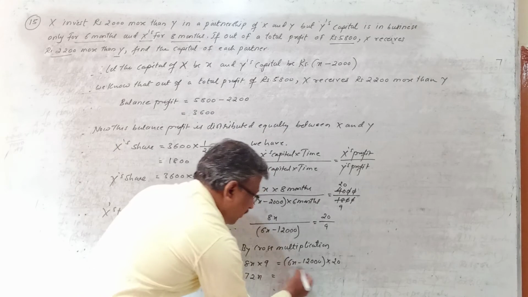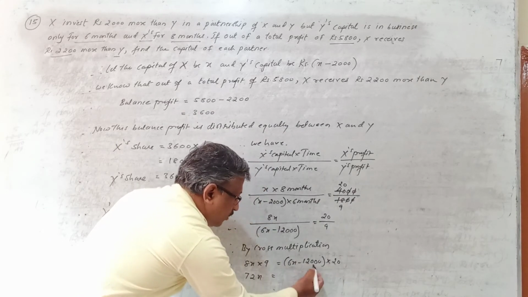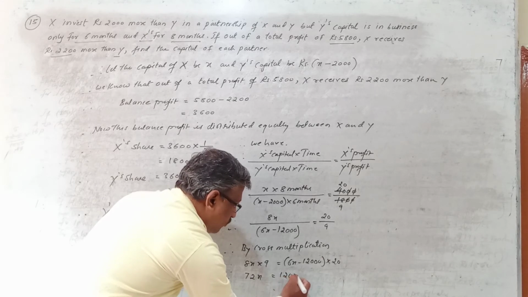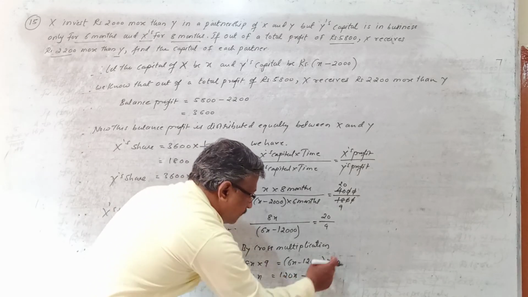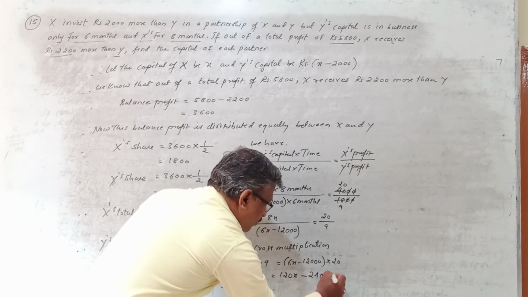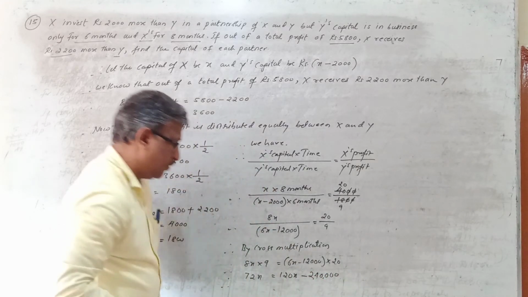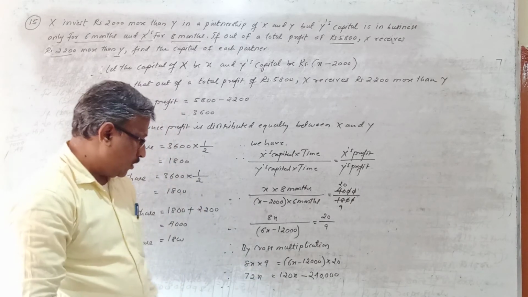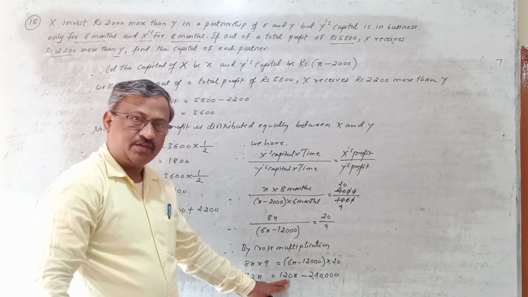This is equal to, open this bracket, multiply by 20 both the values. So 20 into 6x is 120x minus 20 into 12,000, so you will get 2,40,000.